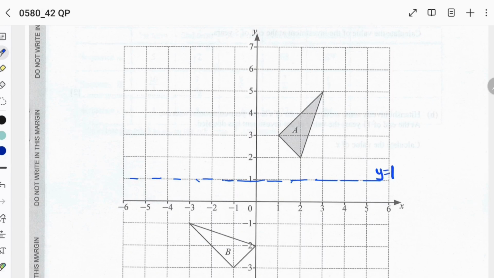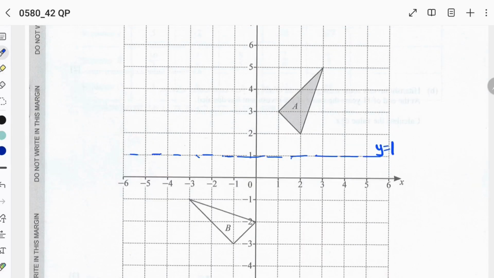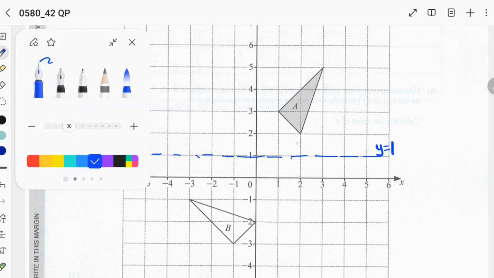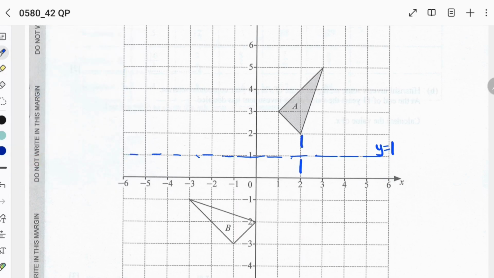Y equals 1. So we'll see the same distance with A and the line y equals 1, the mirror image. The first point, when you check the same distance, is 2 comma 0. Then you come to the next one. 1, 1 2 3 4, you come down 1 2 3 4.